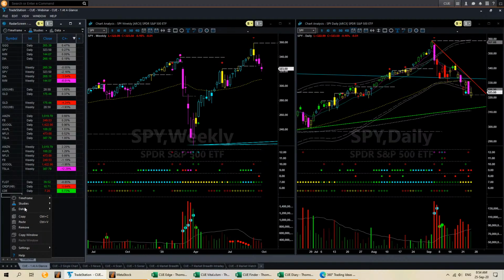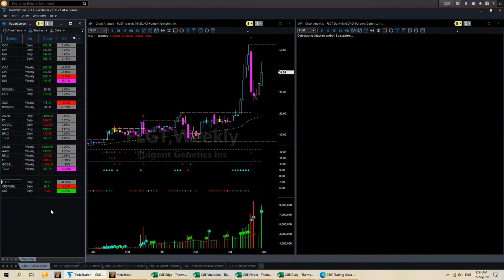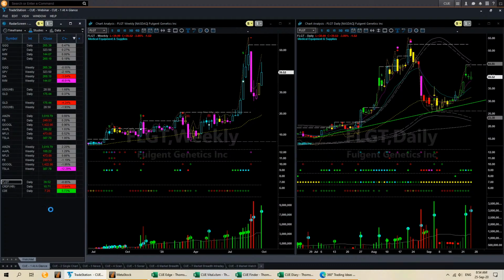That brings the 3 ticker symbols in TradeStation, and now I may look at the stocks. FLGT, I have a bullish position and it seems it is still going up. Traffic light color is still green, and my stop is already above entry price that I have logged, so it's okay. The stock is doing good.